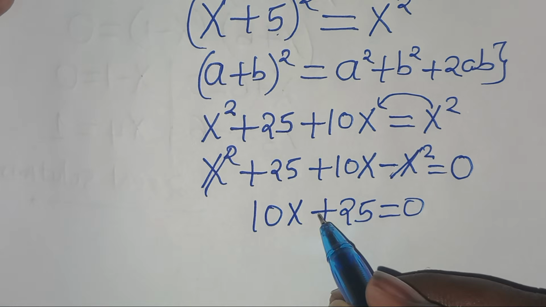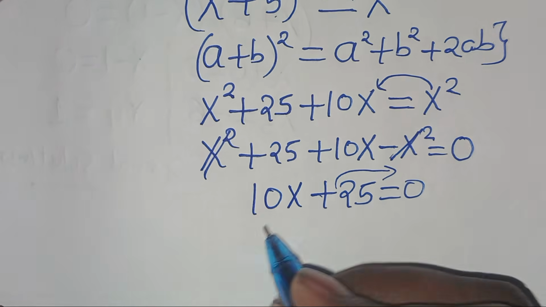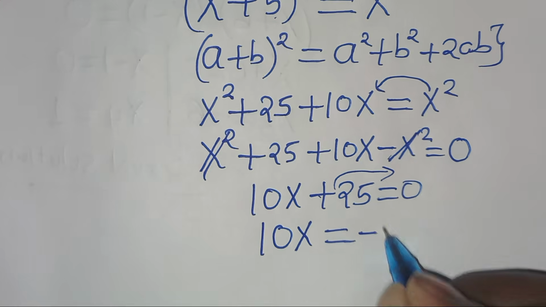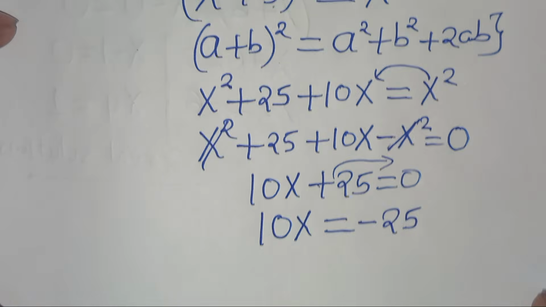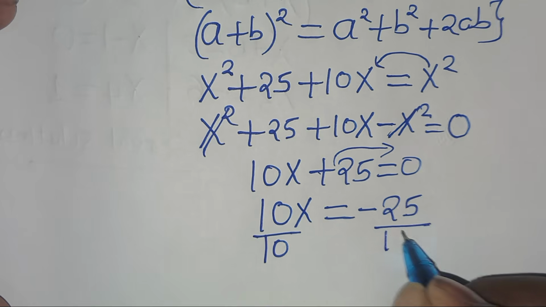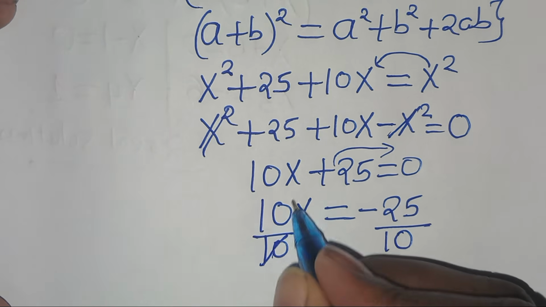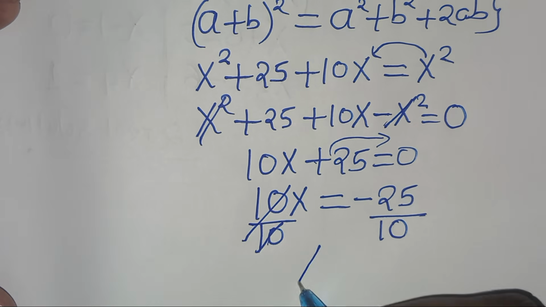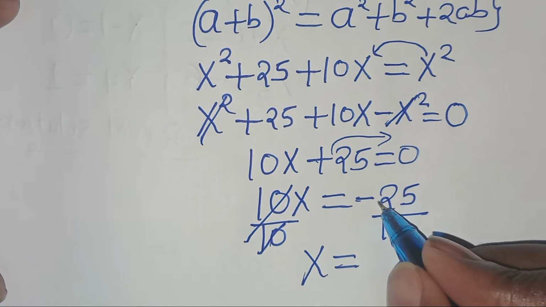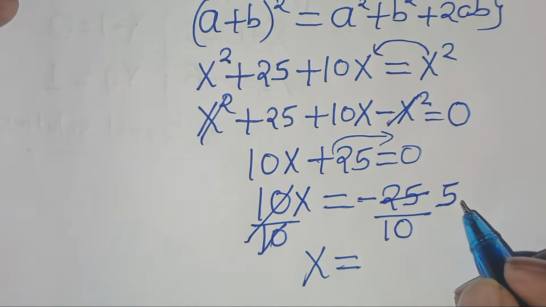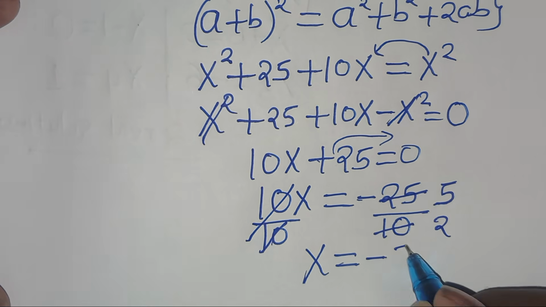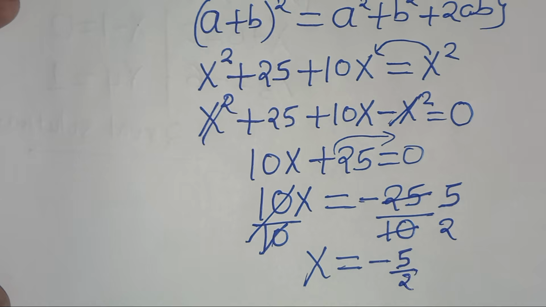Now let's take plus 25 to the right hand side, and this means that 10x is equal to negative 25. Now let's divide both sides by 10, and we simplify by 5: negative 25 divided by 5 is minus 5, then 10 divided by 5 is 2. So we have x is negative 5 over 2.